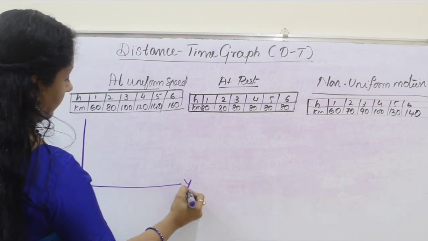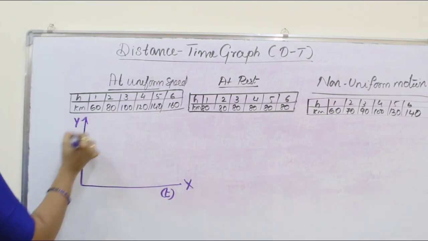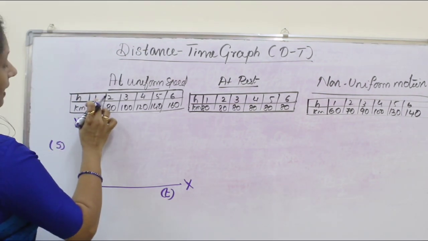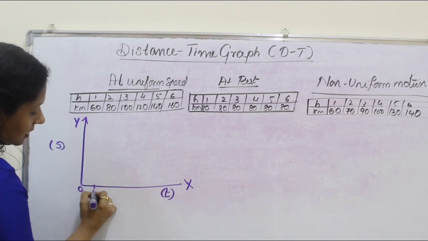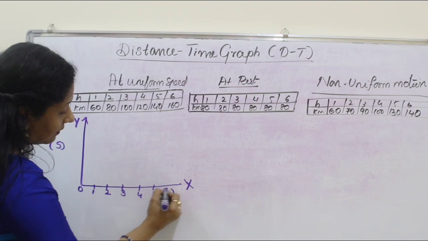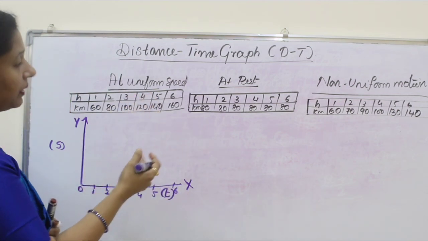So here on the x-axis what am I taking? Time. On the y-axis what am I taking? The distance travelled, S. Here time is 1, 2, 3, 4, 5, 6: 1 hour, 2 hours, 3 hours, 4 hours, 5 hours, 6 hours. Any parameter you can consider.